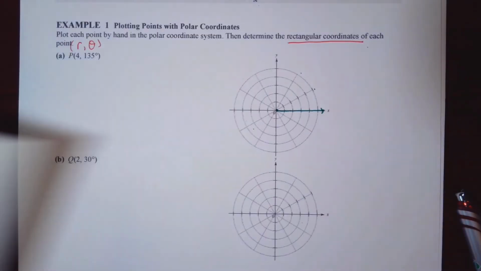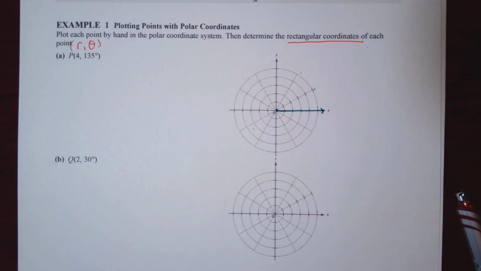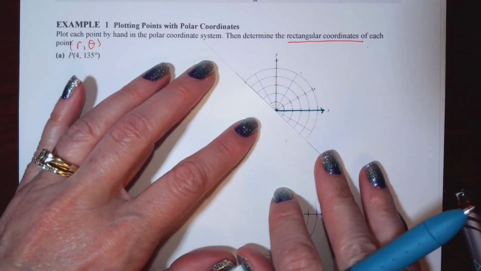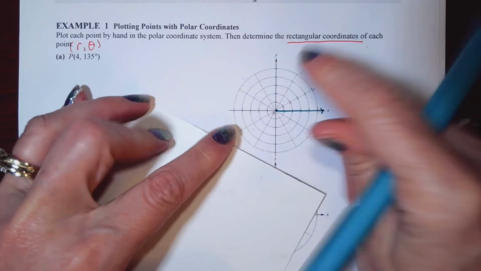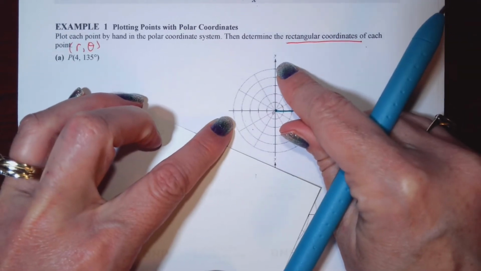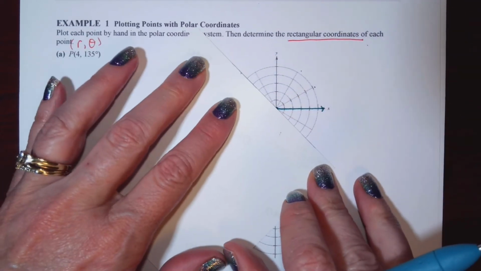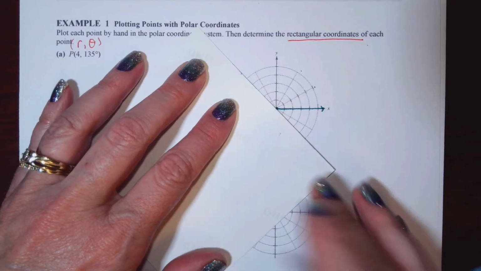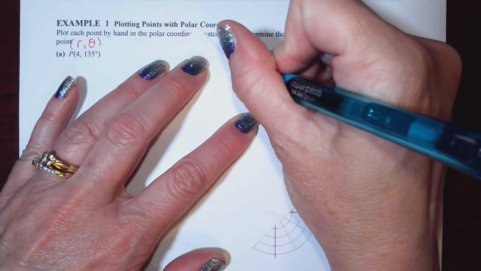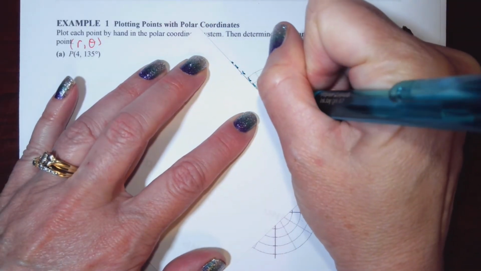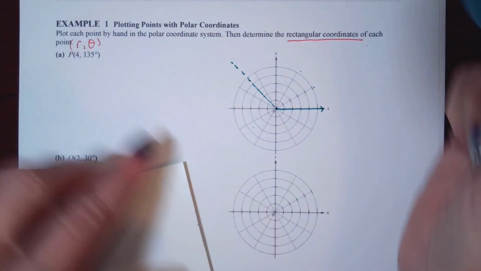And I just let you know that we don't have a 45-degree angle drawn in here. So I'm going to need to go in, and 45 is halfway between the quadrantals. So I'm going to go in and split that middle section so that I have 135 represented here.